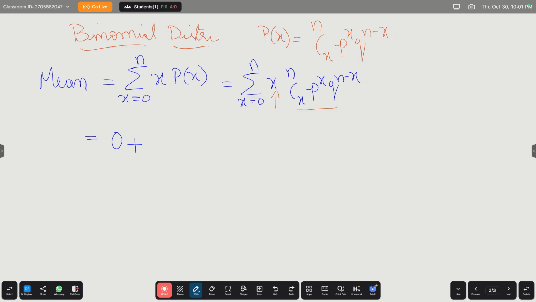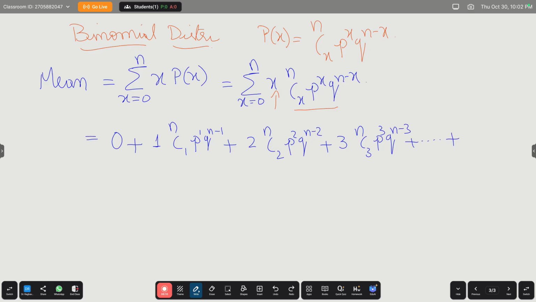When I put 1 in place of x, it is 1 times nC1 p power 1 q power n minus 1, plus the next value for x will be 2, so it is 2 times nC2 p power 2 q power n minus 2. One more term if you consider, it's 3 multiplied by nC3 p power 3 q power n minus 3, and so on, and the last term will be x equal to n.